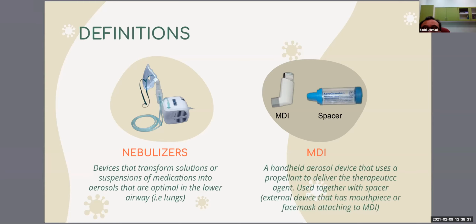Continue. And these two devices are among the popular modes of aerosol delivery, and they are designed specifically to generate relatively small particles that can bypass the filtering action of the upper airways and deposit in the lower airways.